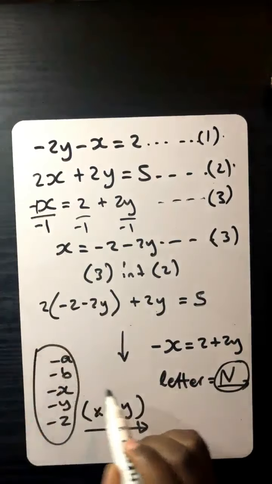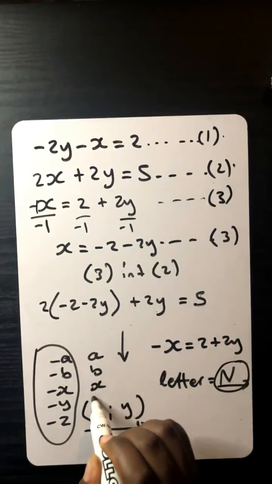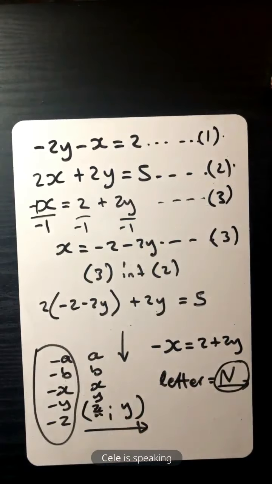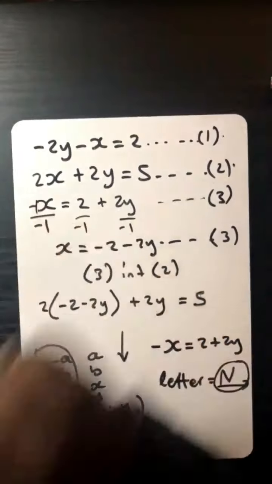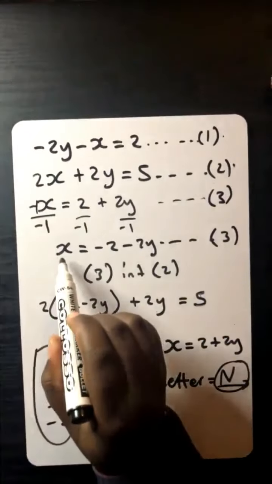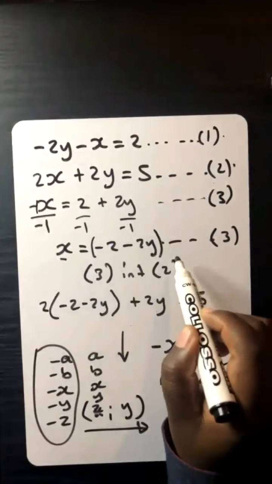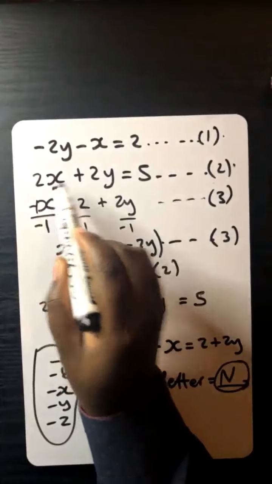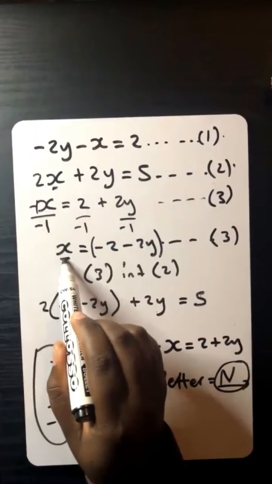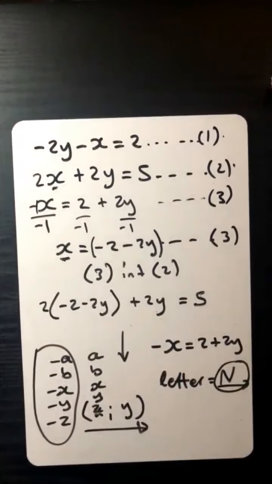It's only a letter if it's positive a, positive b, x, y, z. So you had to divide by negative 1 to remove that negative so that you have x, which is equal to the whole of that. So you can easily substitute it there because there you've got x, you don't have negative x. I'm not sure if it now makes sense.